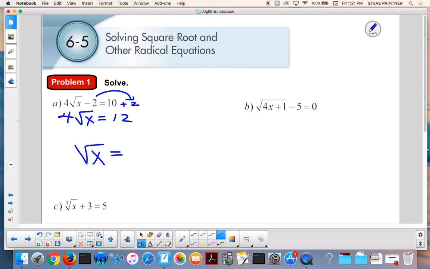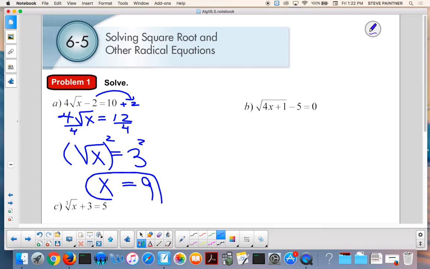Divide by 4. And you get 3. Square root of x equals 3. Square both sides. X equals 9. Okay. That's it. You can check these answers, by the way.